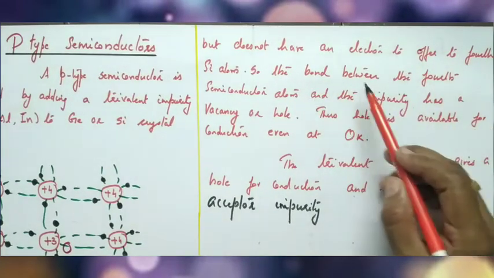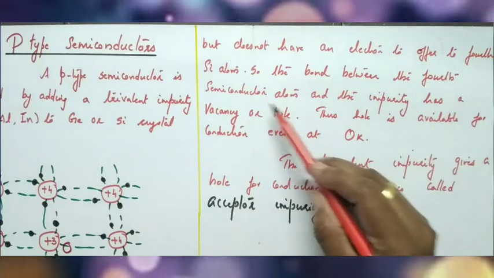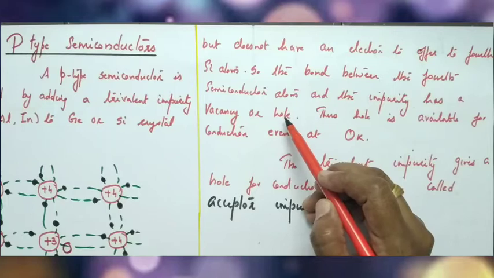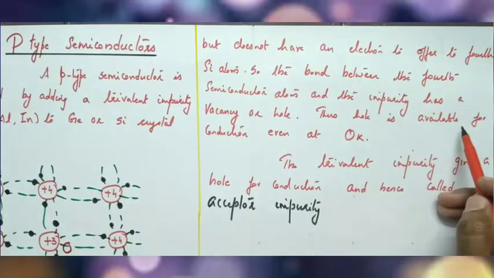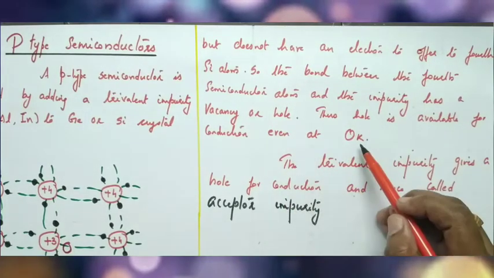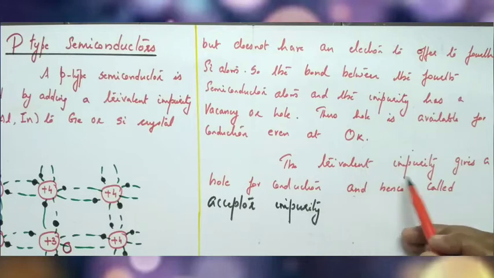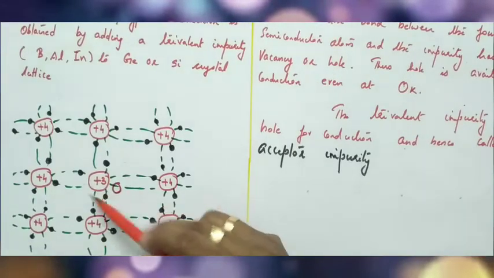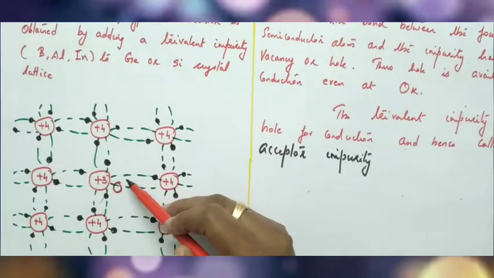So the bond between the fourth semiconductor atom and the impurity has a vacancy, or hole. Thus a hole is available for conduction even at 0 Kelvin.